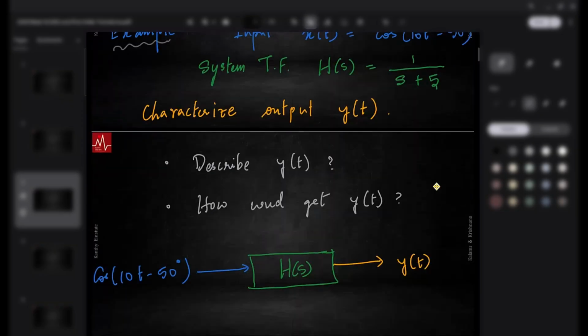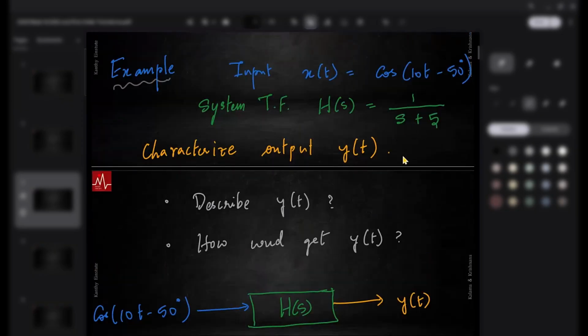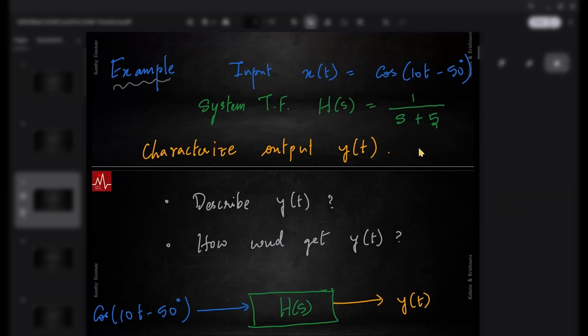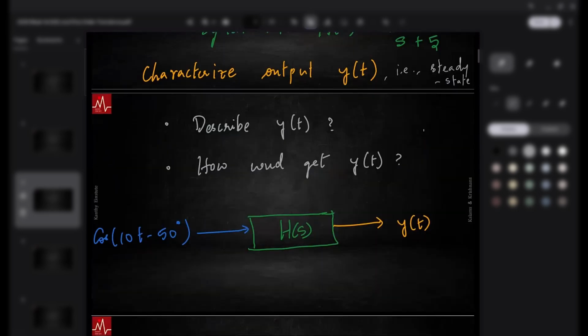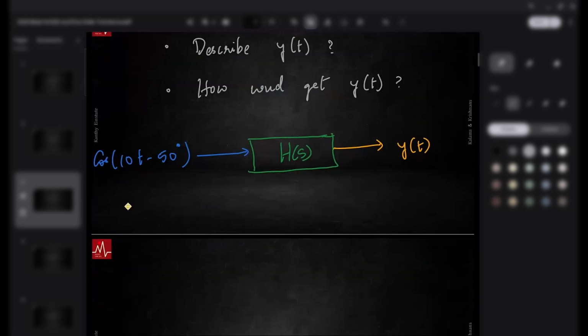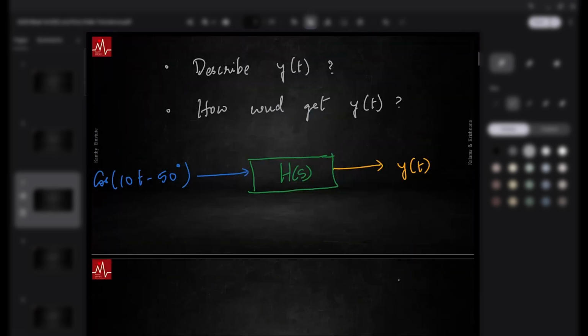Again, when we say this, technically we should say at steady state. This is kind of implied. They don't have to explicitly give this steady state. Anyone else?